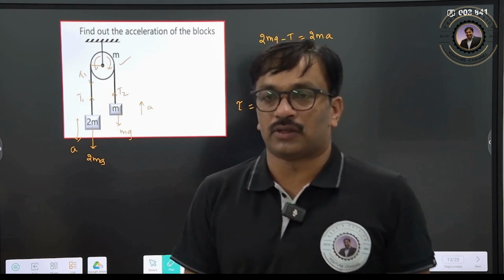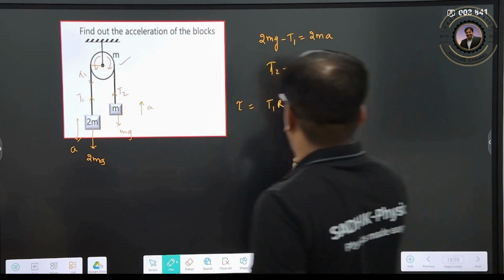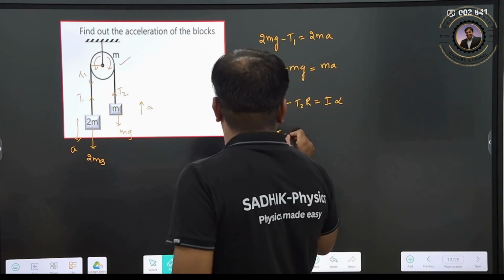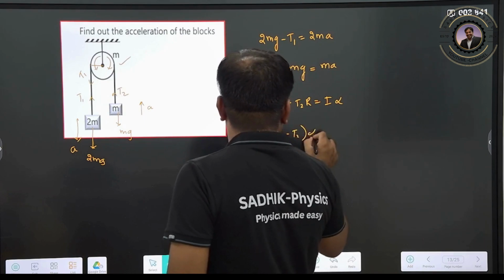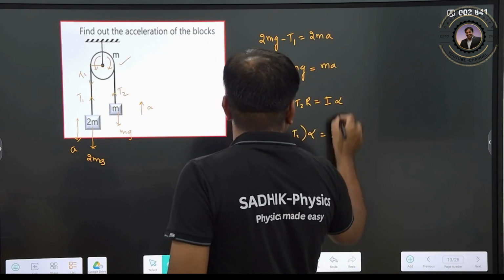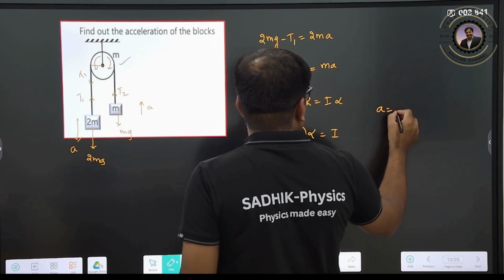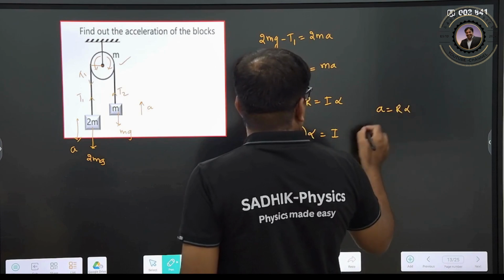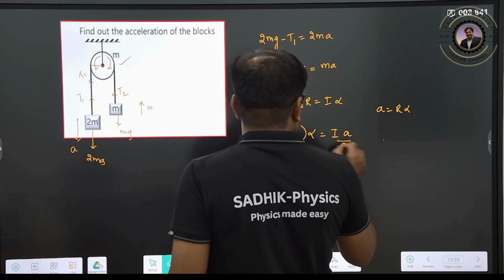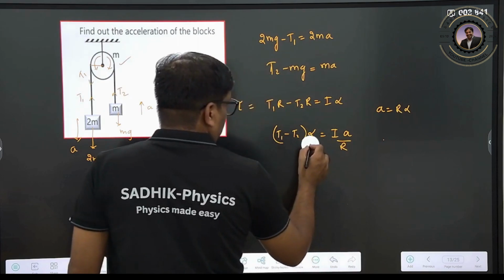Clear? So here you can write T1 minus T2, into R, equal to moment of inertia into alpha. Alpha we can write: a equals R alpha, therefore alpha equals a by R. Sorry, this is R, we have to write it.